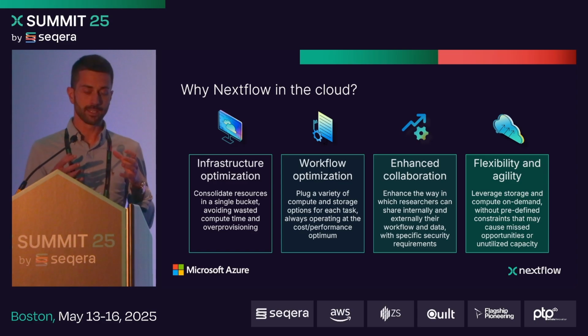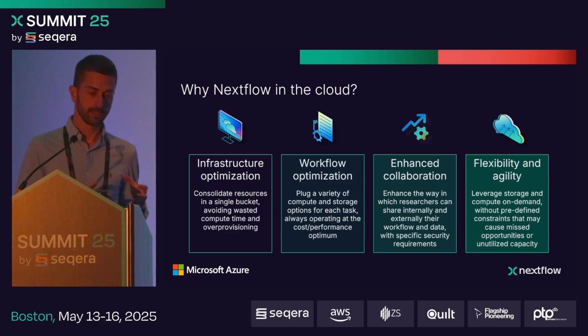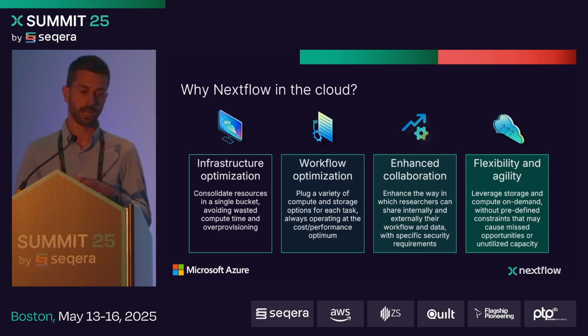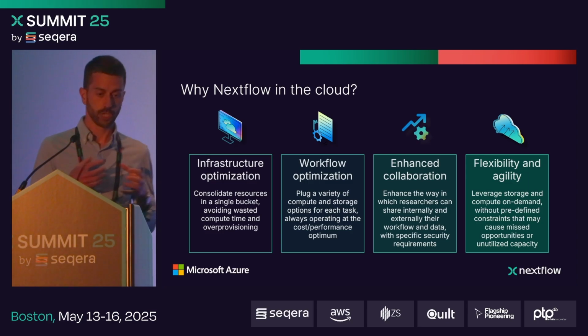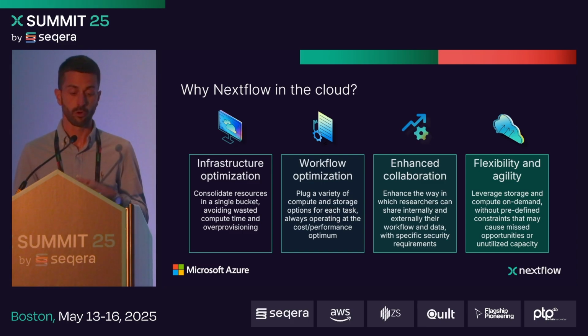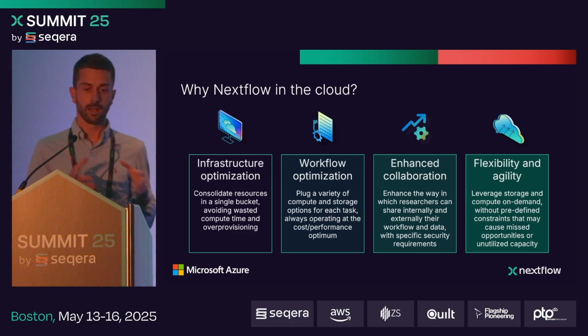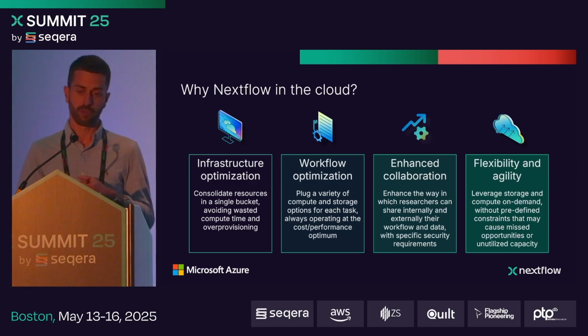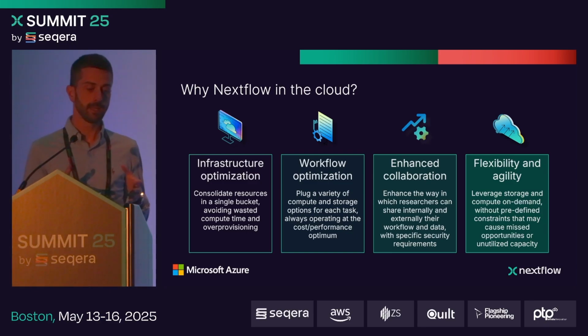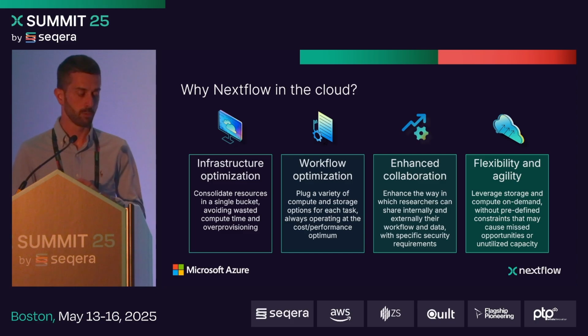Instead of making a huge decision every 3 or 5 years about what hardware an organization selects for the research, there is the flexibility to change at any time, to a certain degree, the architecture and the dimension of the infrastructure, but also to optimize the way the workflows are executed. For any task in your pipeline, you can potentially select a different configuration that gets the best performance at the minimum cost.